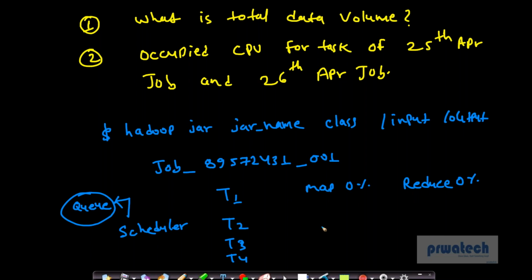So first the mapper will complete, then only the reducer will start, or it can be started in between. That configuration you can put. There are total 3 options: 0, 0.5 and 1. If it is 0, then first the mapper will complete 100% and then the reducer will start. But sometimes you'll see while submitting the job that the mapper is 33% done and the reducer has also started at 10%. So this is based on our configuration property.